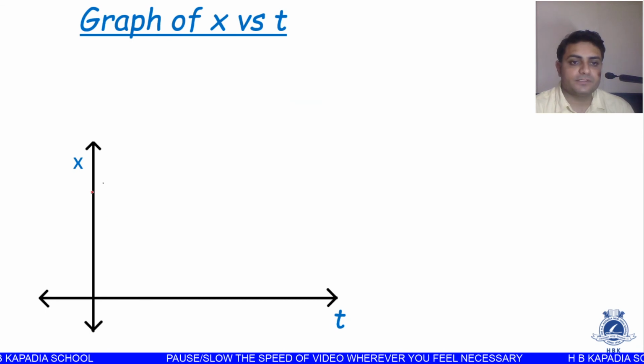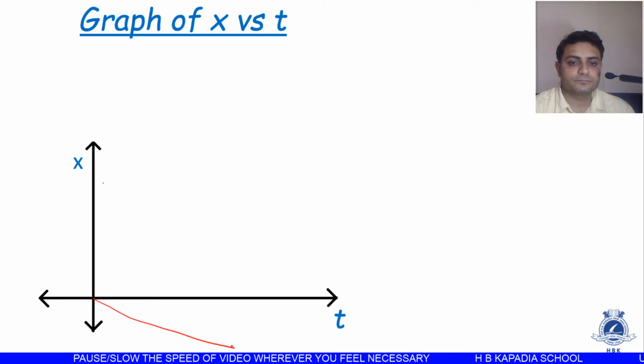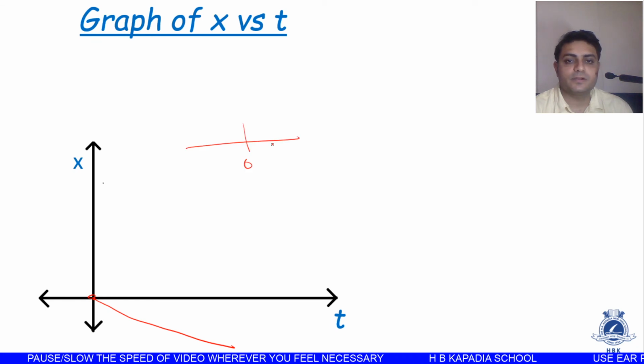What if the graph is like this? So initially object is at origin, and it is moving towards negative direction.